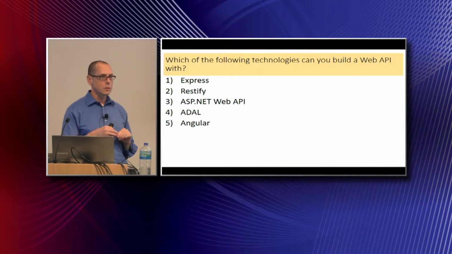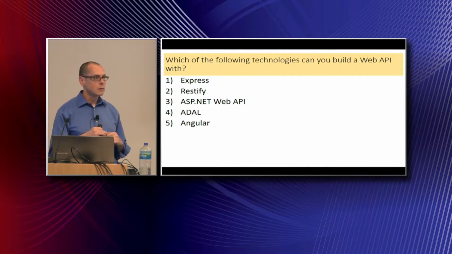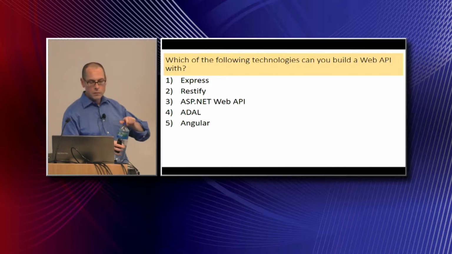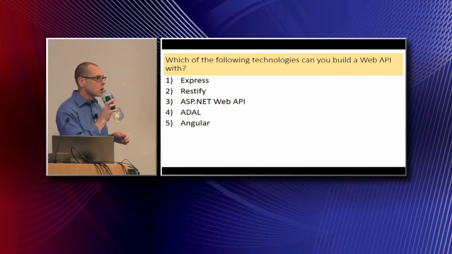So with which of the following technologies can you build a web API? And again, it's going to be quicker: which ones can't you build an API with? ADAL? Yep. Angular?